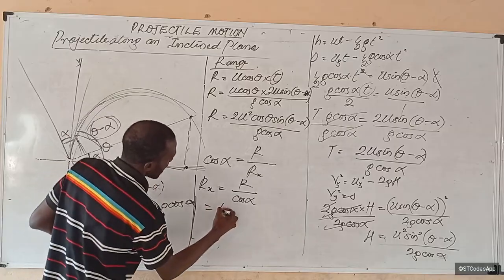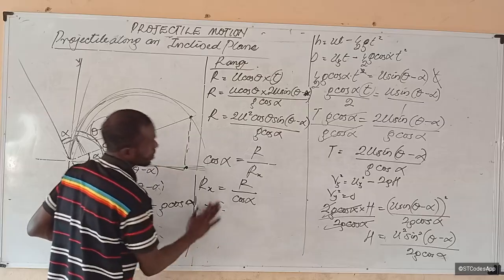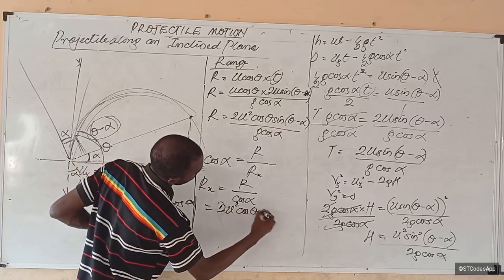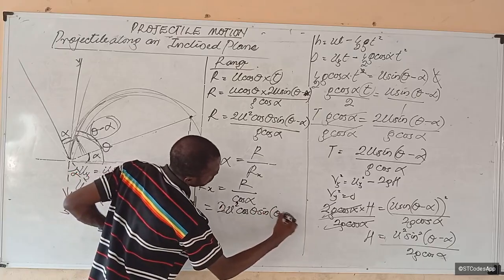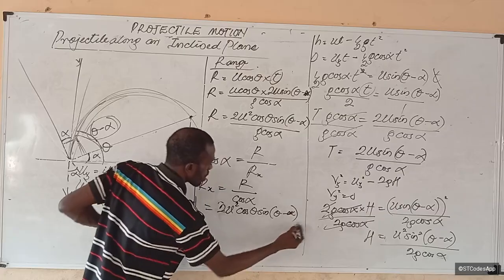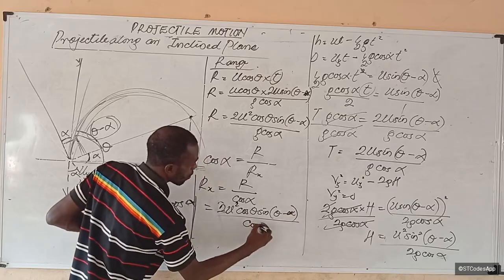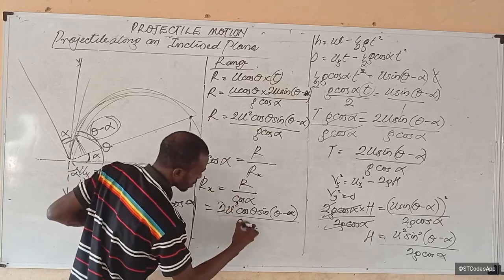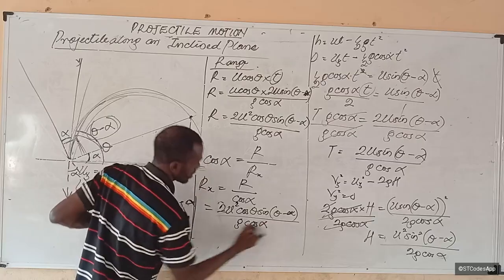So r now will be equal to this divided by cos phi. That will be 2u squared cos theta sine theta minus alpha over cos phi, over g cos phi.